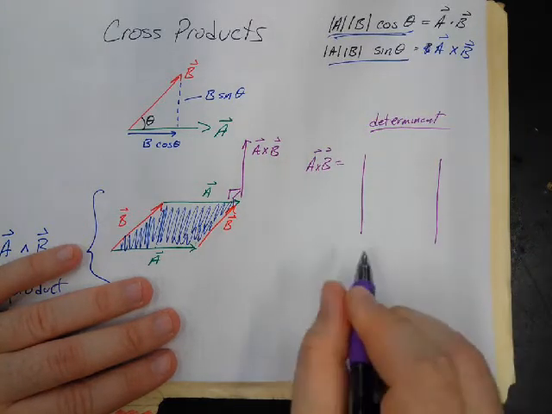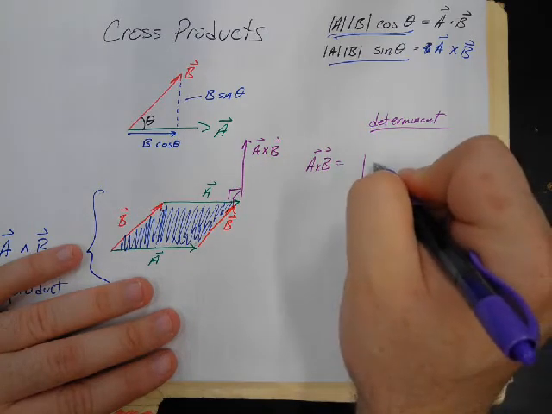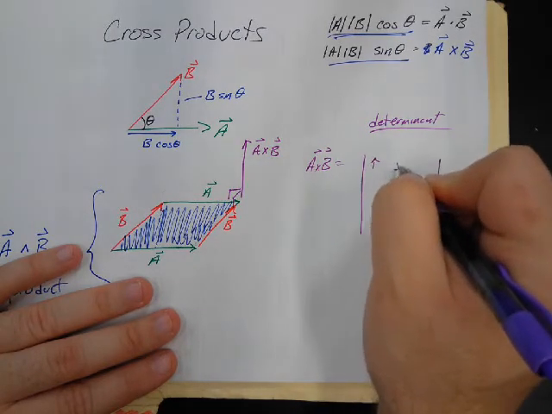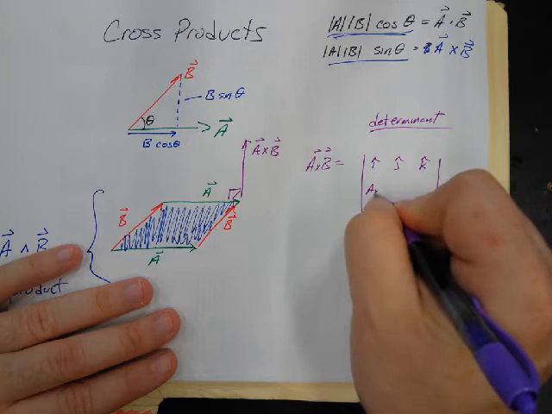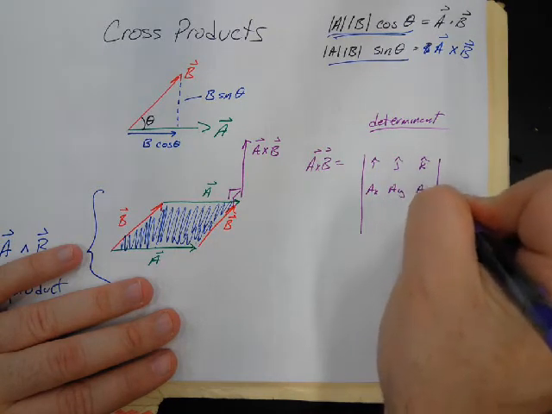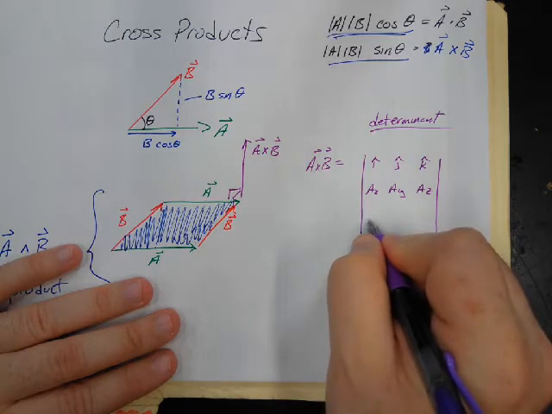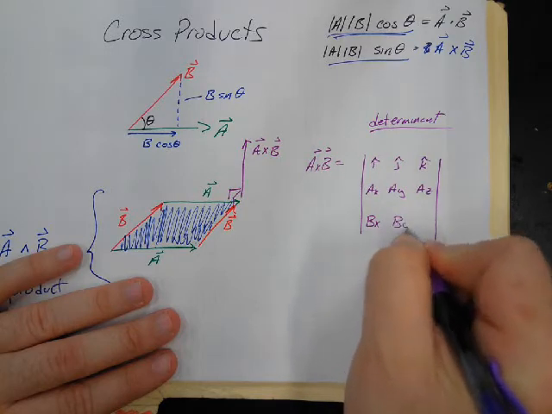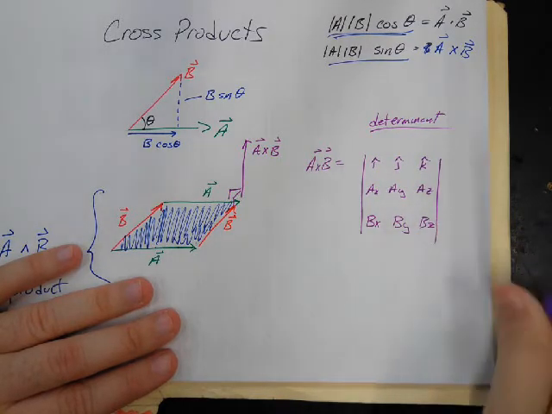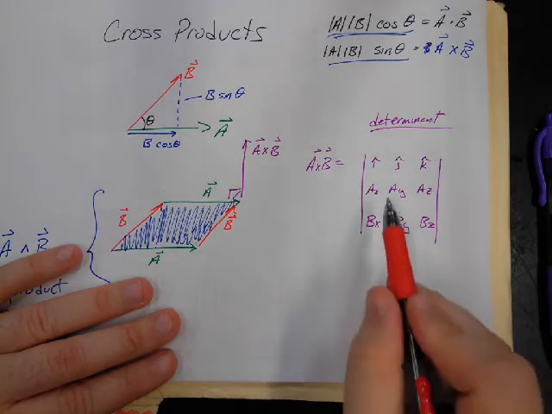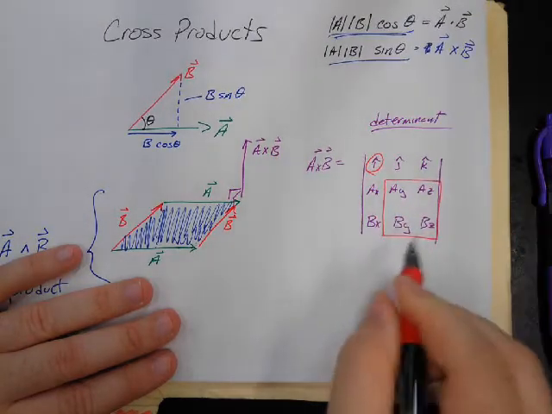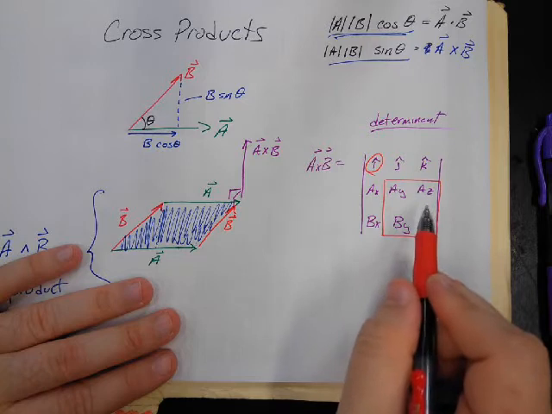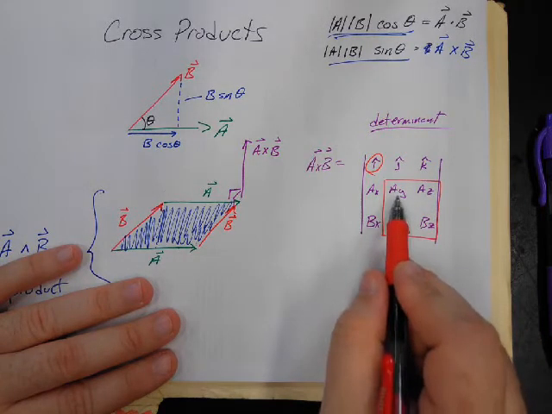Let's say I have a matrix, and it's going to have here, first our unit vectors, and then it's going to have our components of A, AX, AY, AZ, and then it's going to have BX, BY, and BZ. So what we're going to do is, for each one of these unit vectors, we're going to associate it with this smaller bit of this matrix. And we're going to do that over and over again.